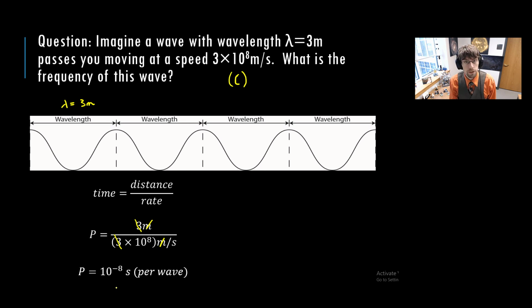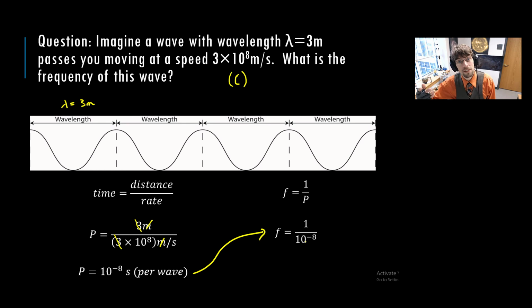Well, what's the frequency? Okay? Well, you could say, well, the frequency is 1 over the period. And now I've got the period. I'm just going to plug that in right here. Okay. And oh yes, good reminder, scientific notation, if I have a negative power in the denominator, I can rewrite that as the same number with a positive power in the numerator.